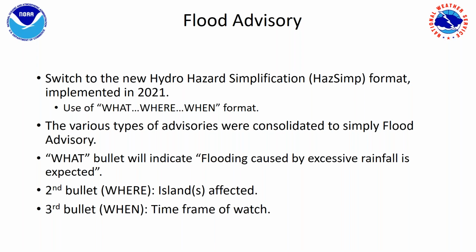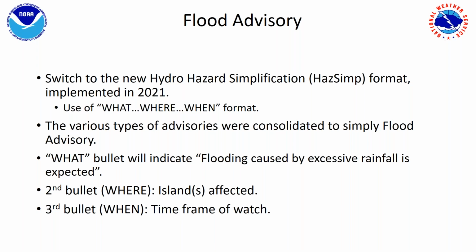For us in Hawaii, we've been calling it just flood advisory for over 15 years, so nothing changed for us in that respect. For Guam, it's going to change from urban and small stream flood advisory to just flood advisory. That was the whole reason for the national change. Across the country, they had like 5 or 6 different types of flood advisories, and so they needed to consolidate that.